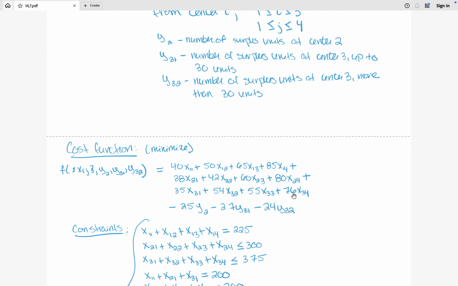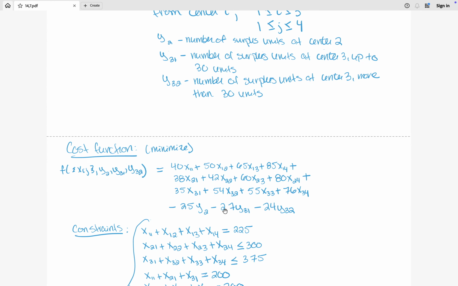And so that's how much it was going to cost us, but we really have to subtract off the profit that could be made from the surplus. So that's where these variables came in. So we could subtract off $25 for every unit at center 2 that we didn't ship from center 2, that we sold instead. That would decrease our total cost.